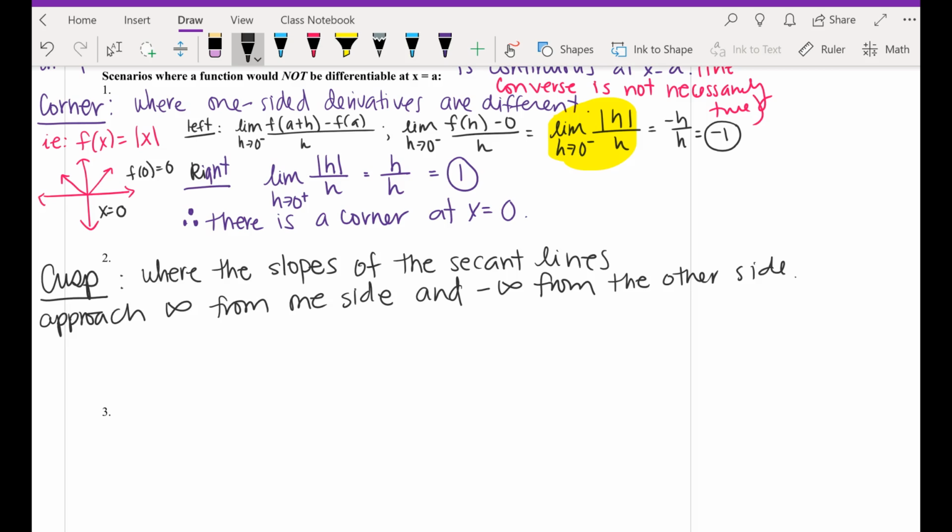So when you guys are doing your right-hand derivative and left-hand derivative, if the first one's infinity, then the other one will be negative infinity, and vice versa.